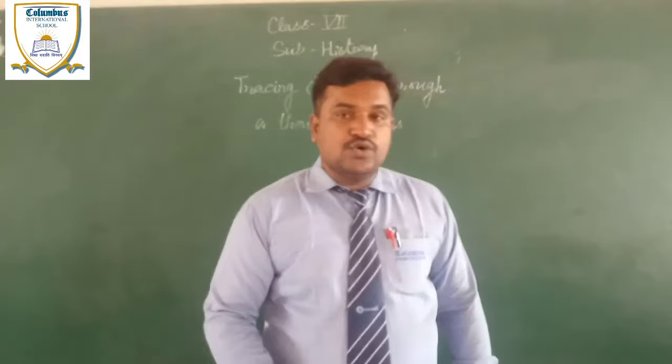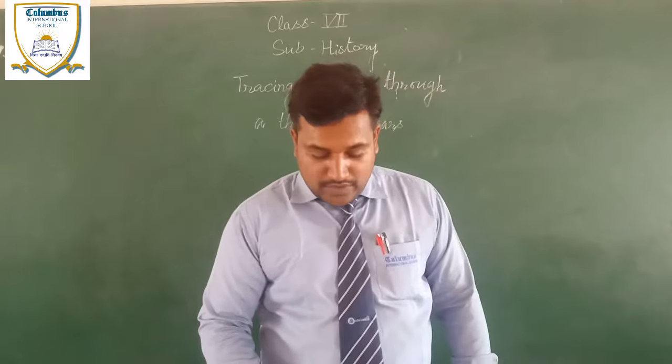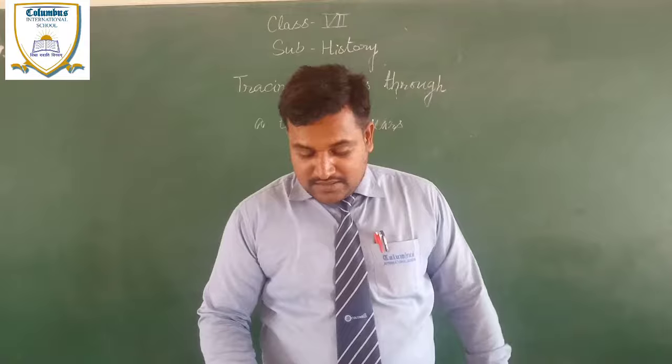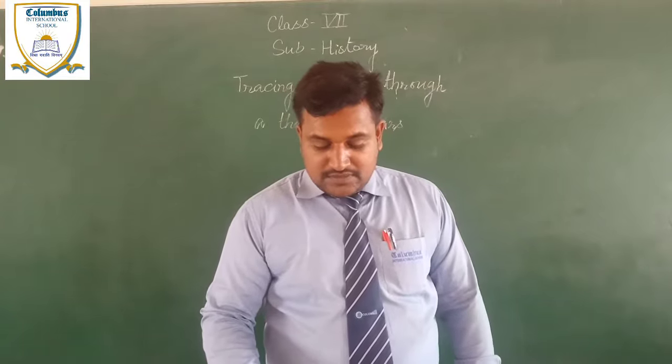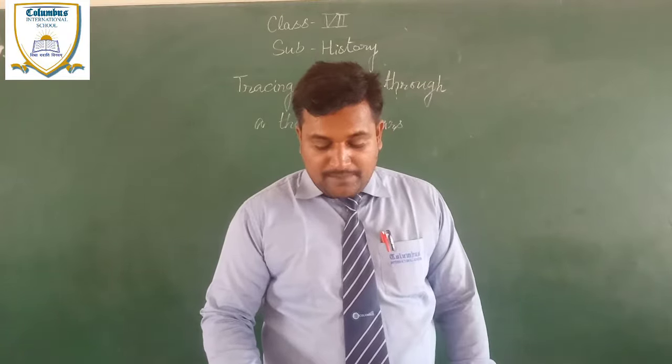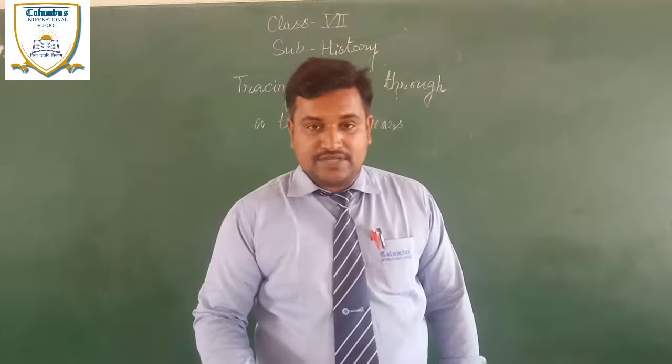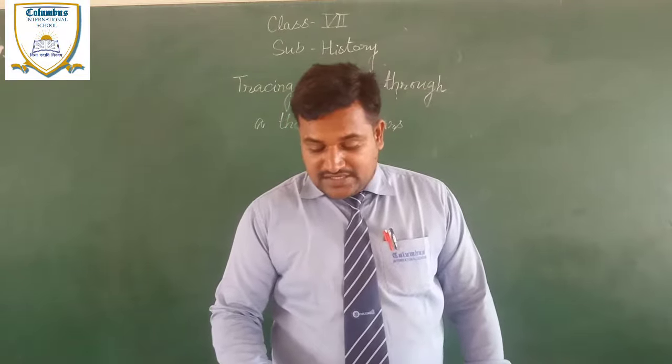First, there are two maps given in your book, and we have to take a look at these maps. The first one was made by an Arabian geographer known as Al-Idrisi.